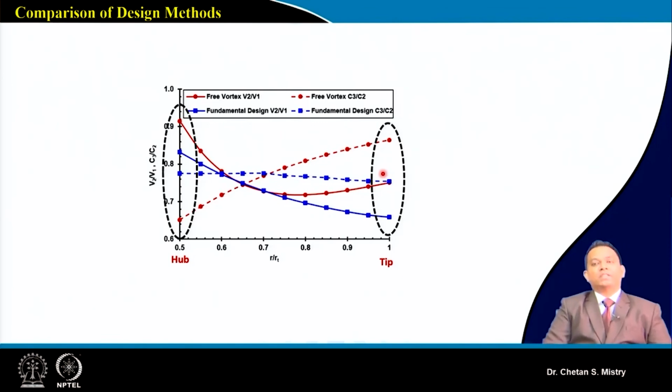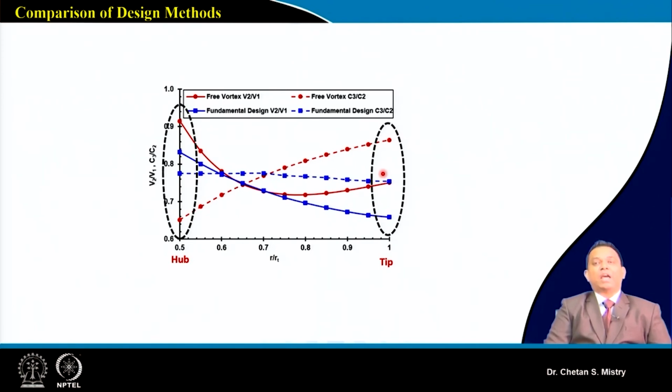What we realize is that the free vortex concept is easy in terms of doing our calculation, but it has many constraints. The positive thing about the free vortex concept is that it satisfies our radial equilibrium equation, and that is our need.